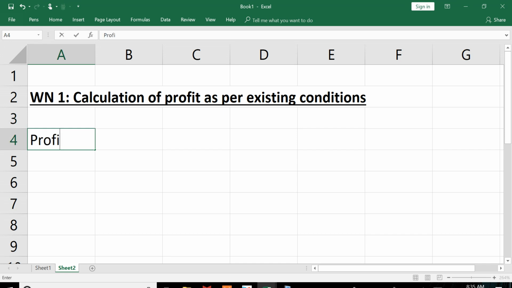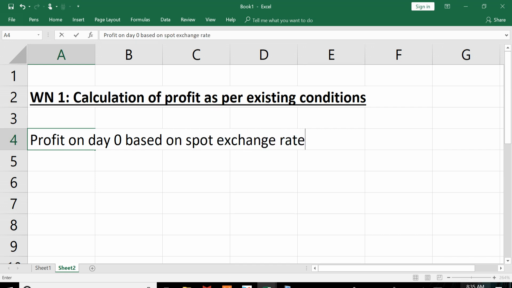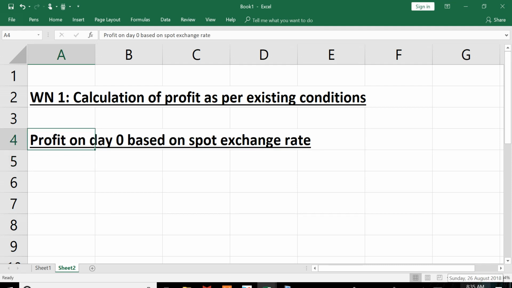Now, profit on day 0 based on spot exchange rate. That is, we will take the spot rates and try to do the calculation.